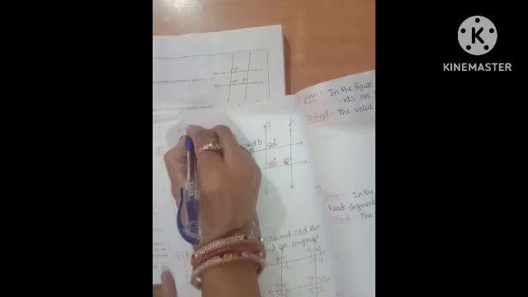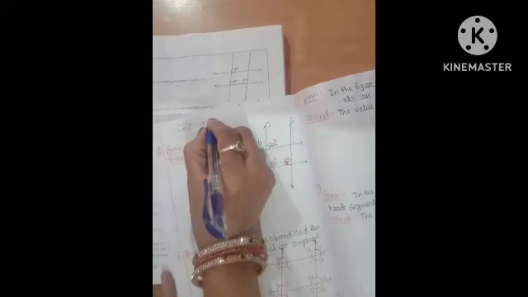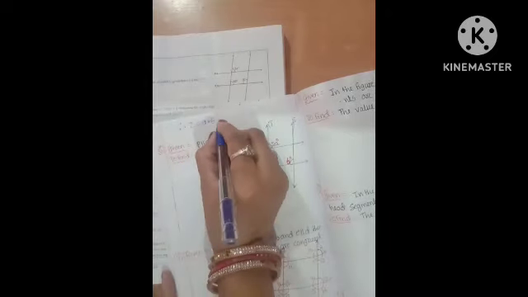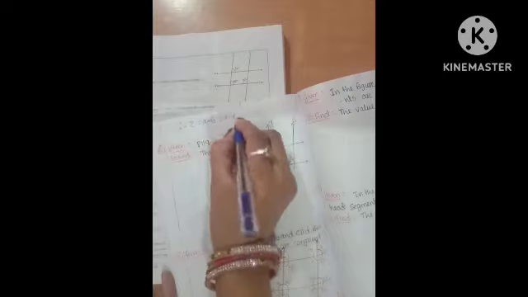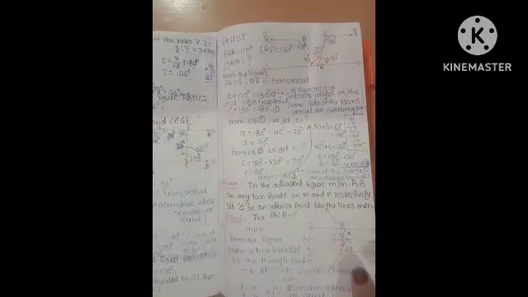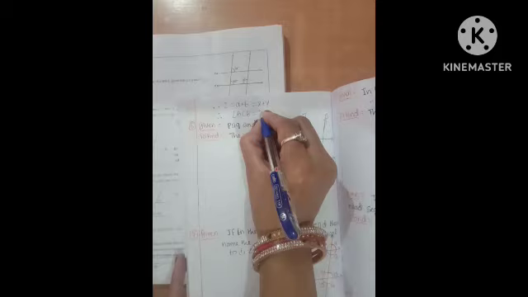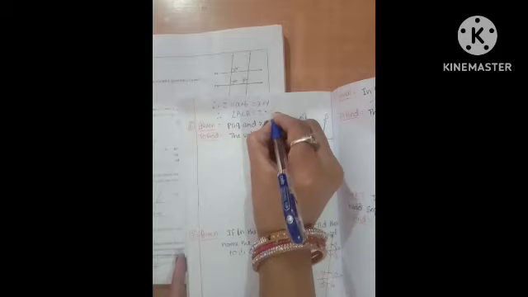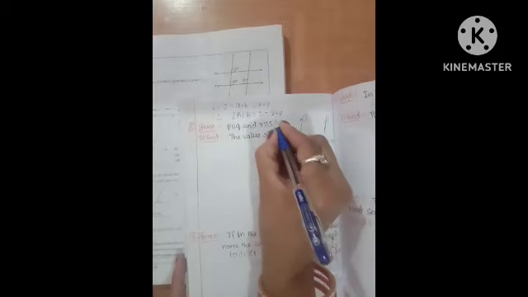Therefore Z is equal to A plus B, and A plus B is nothing but X plus Y. Therefore angle ACB is equal to Z, which is equal to X plus Y. This is the answer. Are you clear? Are you understood?